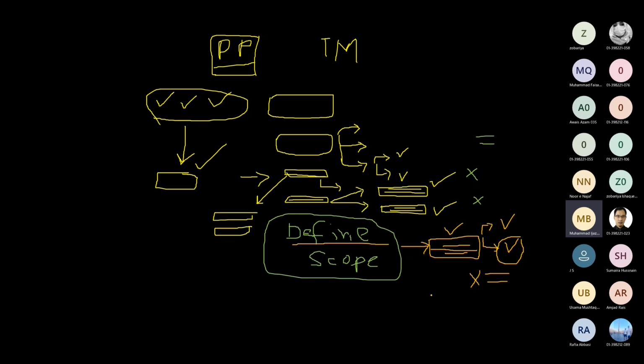Let me give you a few examples. Let's say we are working in one of the renowned housing societies, you may name any, let's say Bahria Town, and we want to develop a new phase or a new housing society in some area in Islamabad or Rawalpindi.